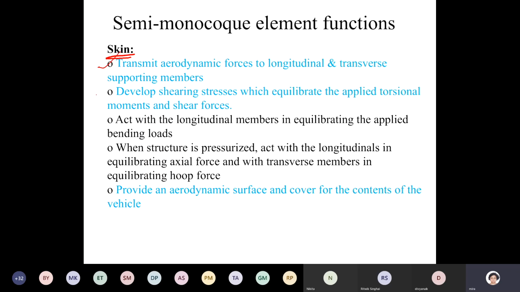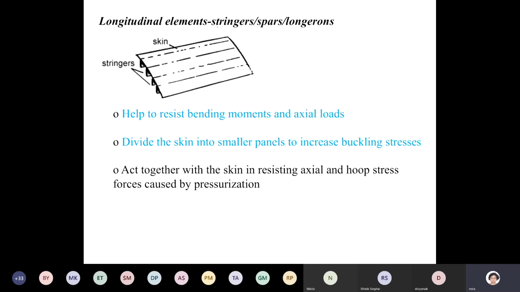Now let us go into the longitudinal member, which could be a stringer, a spar, or a longeron. The primary function of a longitudinal member is to resist bending moment and axial load. If I have a longitudinal member and it experiences a load like this, many of you know that this load is going to produce a bending moment.